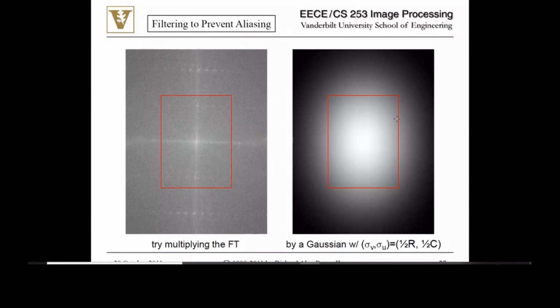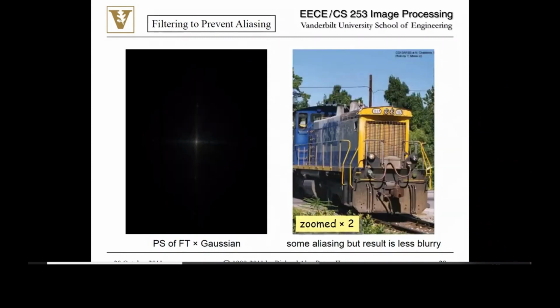What will be the problem now? We have a bit of aliasing, because these frequencies are not fully attenuated. So it is less blurry, but now we have a little bit of aliasing. You can see the pattern here.